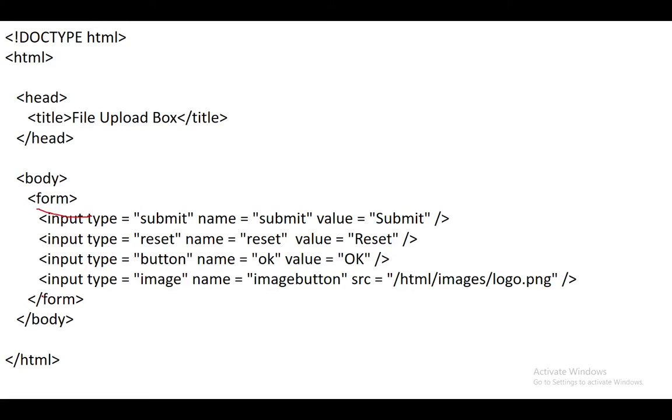So this is the syntax for it. We have our input as usual. Then we change the type to submit. Then we have the name submit, then value also submit. Then we have another one here, input type reset. That reset basically erases your entries.